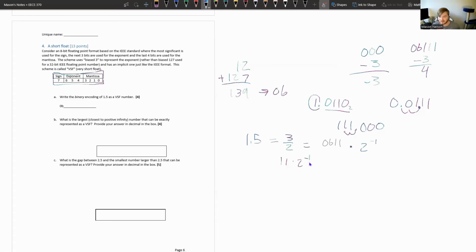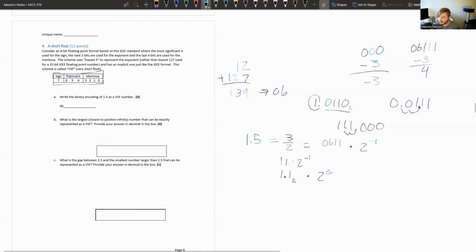Now here's the thing, we need to make sure that we have only one bit to the left of our decimal point. So we put the decimal point here in base 2, and that means we have to multiply by another power of 2. So we actually get 1.1 times 2 to the power of 0.